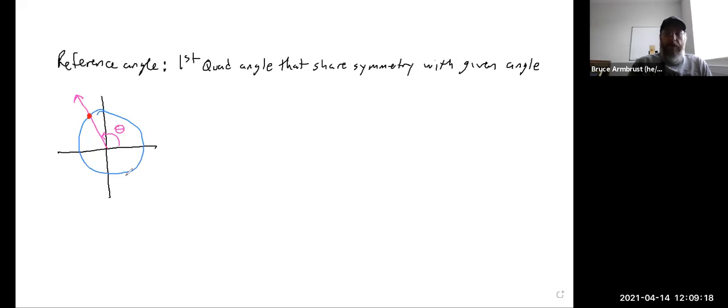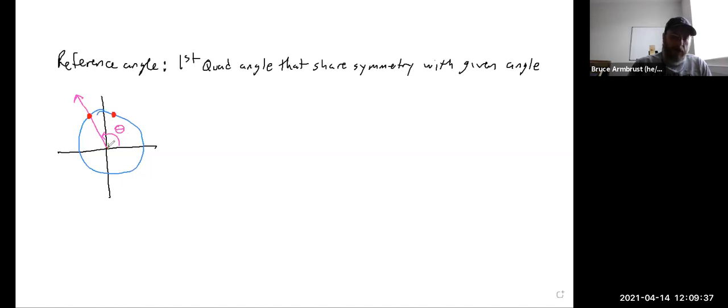You find the coordinates of that point. The x coordinate is the cosine, the y coordinate is the sine, and then everything else follows. So what we're looking for is the angle that shares this symmetry. That's going to be the one that has this point right there.